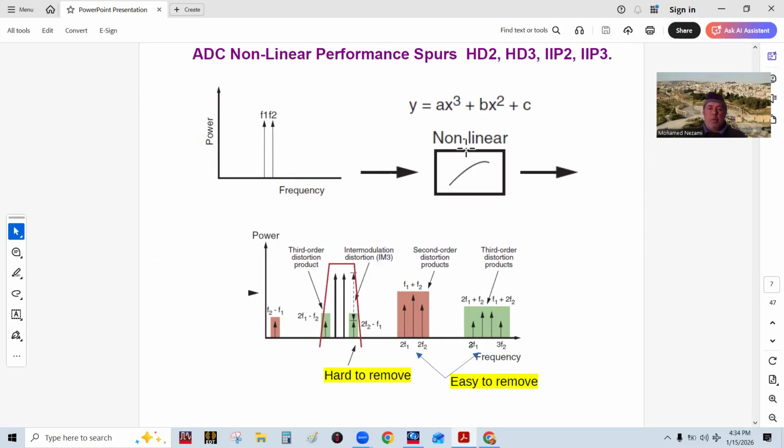Then what we do is, if you excite this receiver or A to D by itself with two tones, that's sine of A and sine of B, you're going to end up with sine of A plus sine of B to the power 3 and then to the power of 2.